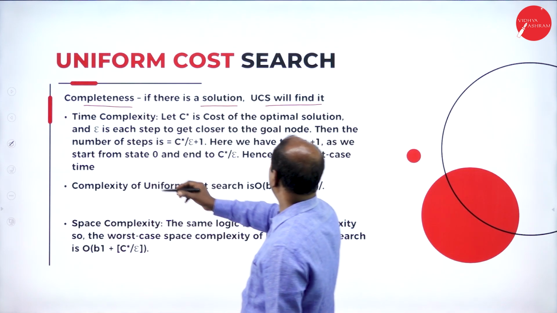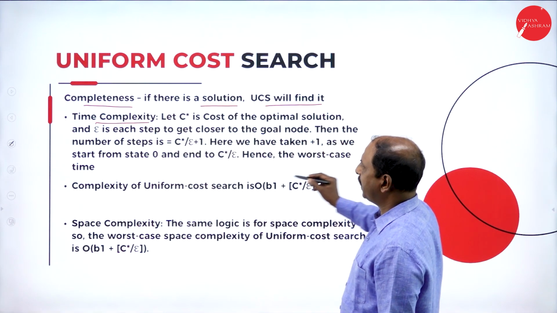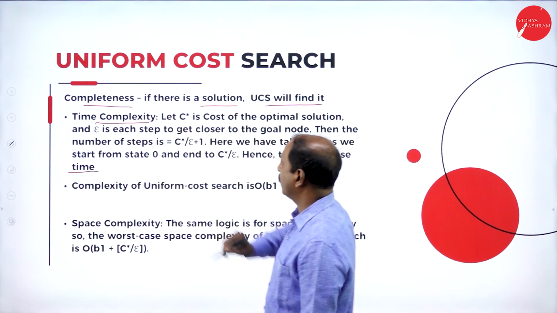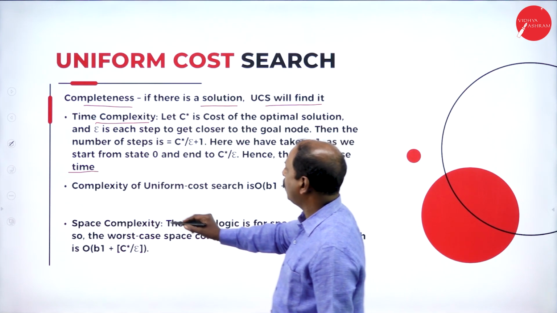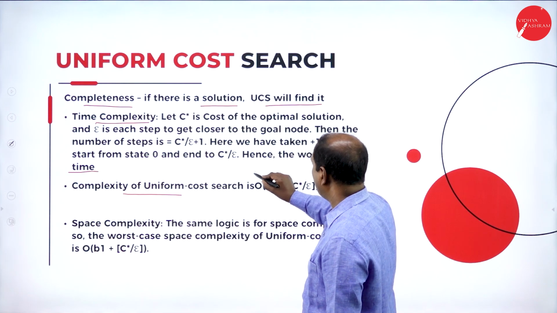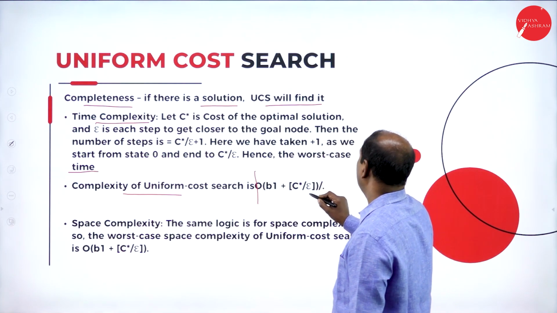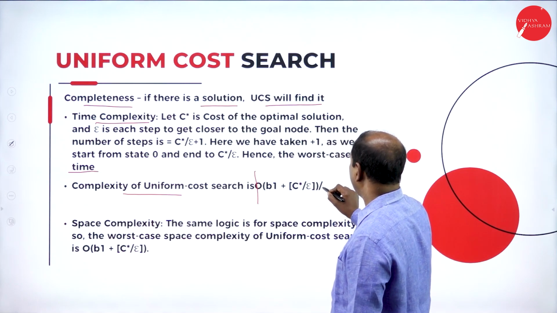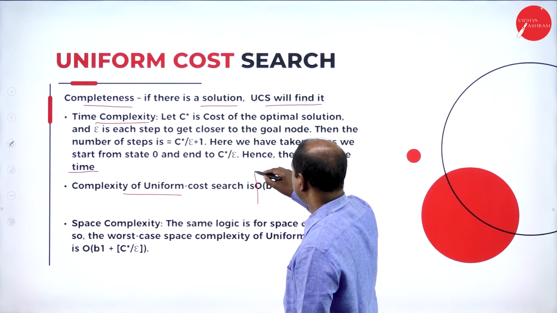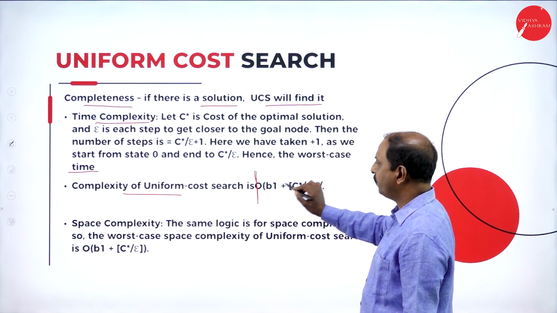Next one is time complexity. We are going to calculate the worst case time for this algorithm, and the complexity of uniform cost search is order of b to the power of (1 + C*/ε).